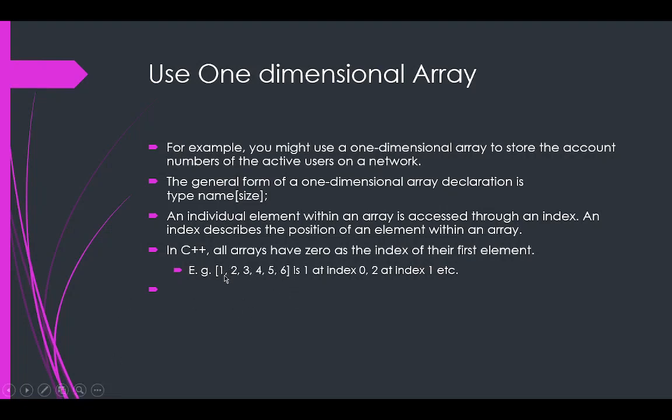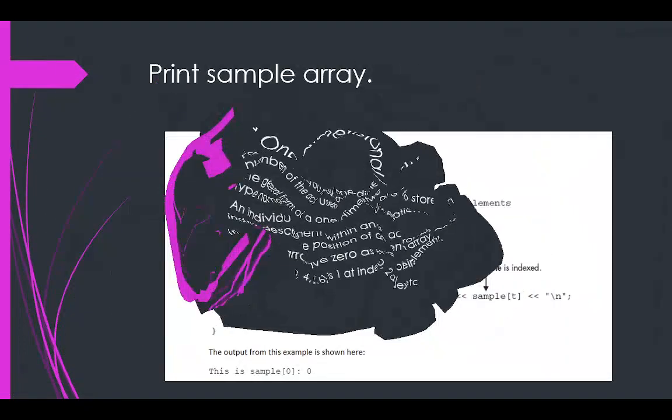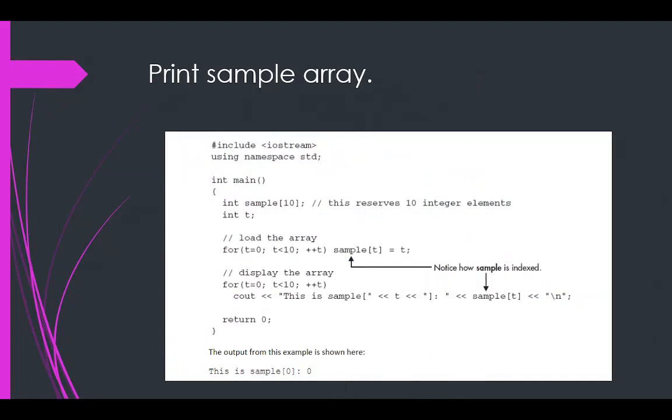The indexes start from 0 here, right? This one is at index 0, this one is at index 1, this one is at index 2, and so on. I think you understand that. Okay, so let us go to the next slide to see the structure of an array. How exactly is an array structured, right?